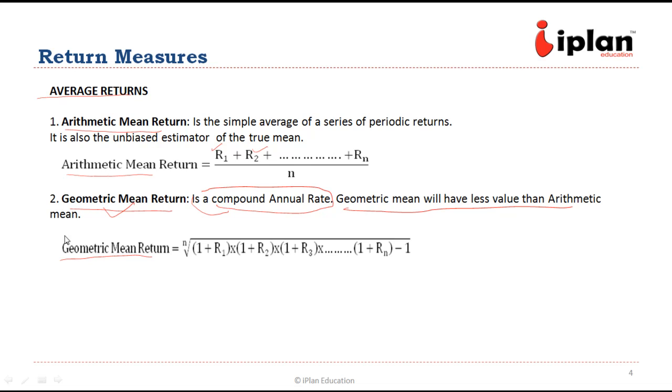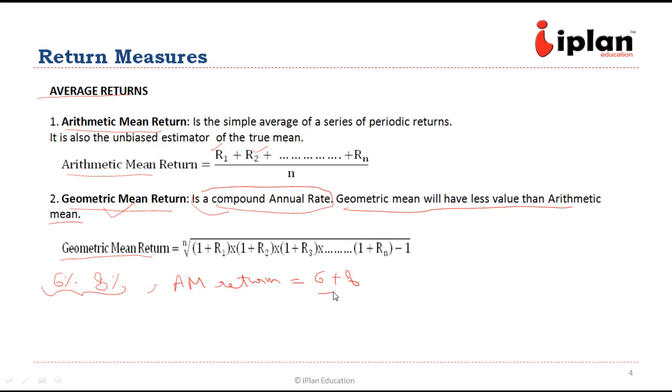Let me take an example. Say the return for the first year was 6% and for the next year, say it is 8%. So average return for this 2-year period based on arithmetic mean return will be 6 plus 8 divided by 2, that is 7%.